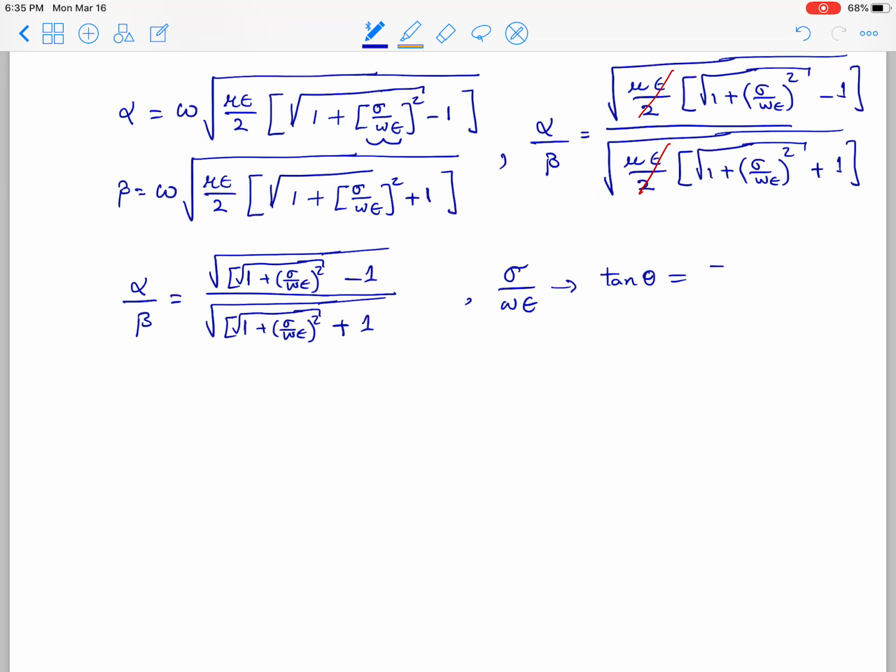We know from the previous class that this is twice the angle of the intrinsic impedance.